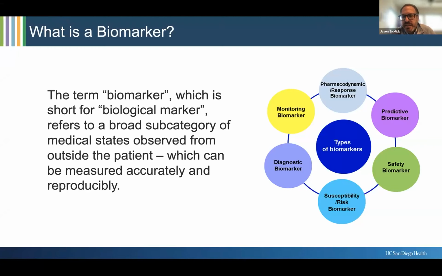This includes biomarkers of response to a treatment, biomarkers that can predict response to a treatment, biomarkers of safety, that a drug may or may not be safe for an individual person, biomarkers of susceptibility to developing a disease, other diagnostic biomarkers, or ways to monitor somebody's disease and their responses to therapy.